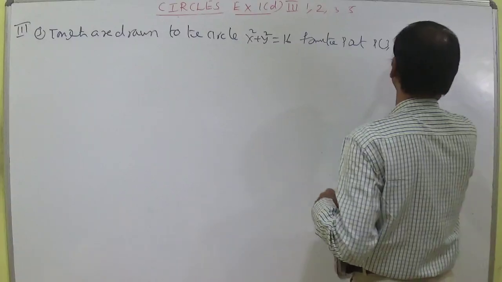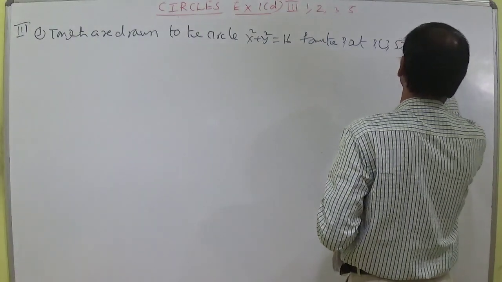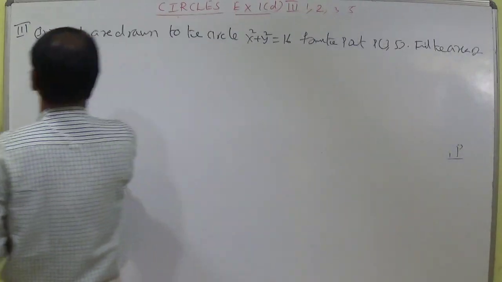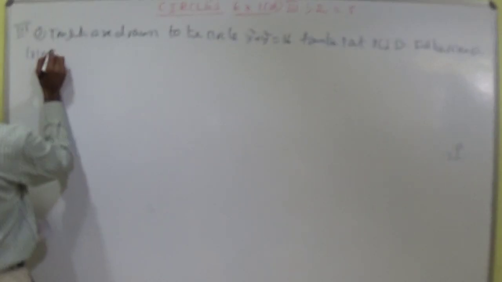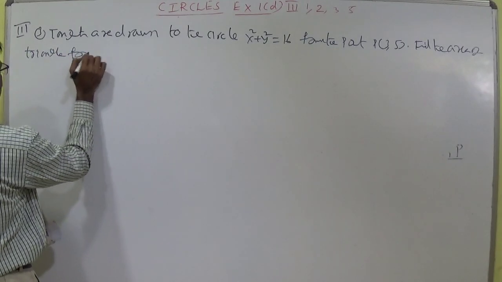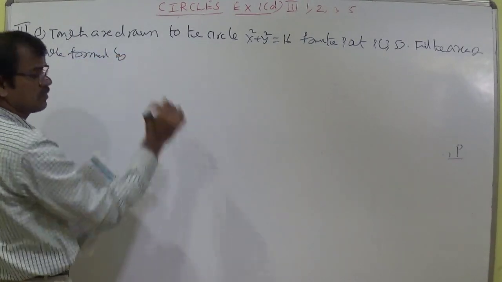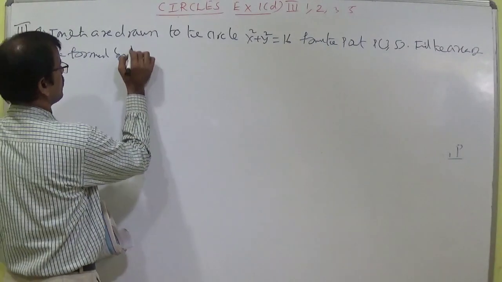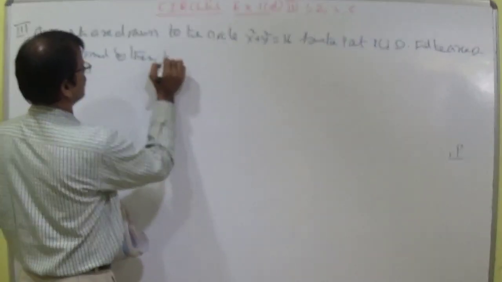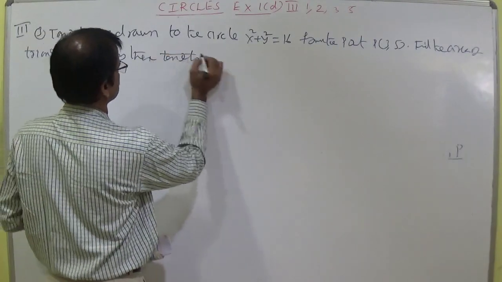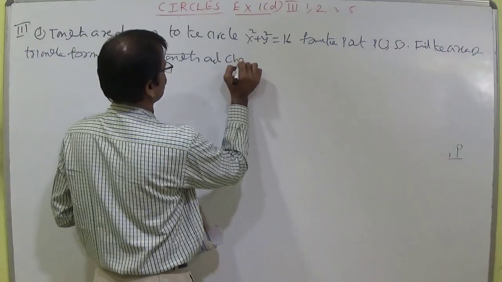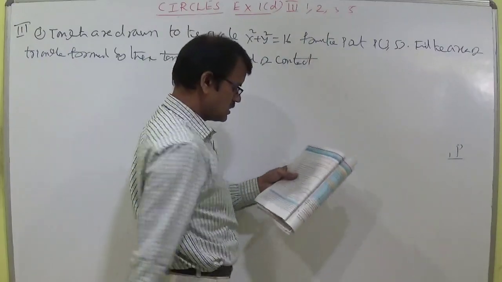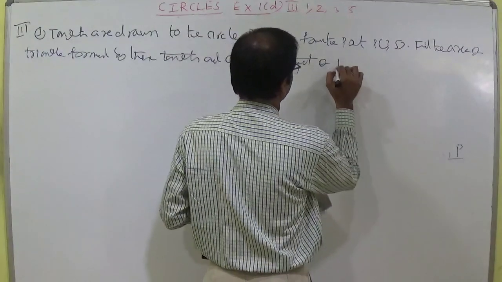Find the area of the triangle formed by these tangents and the chord of contact of P.